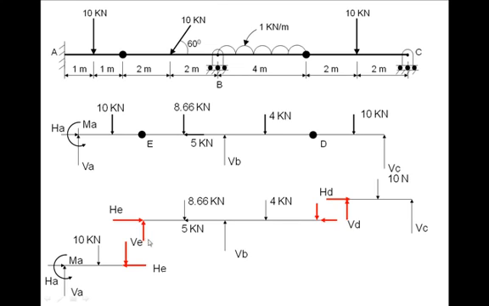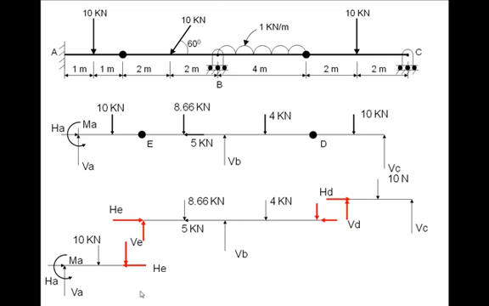And then knowing this HE, VE, we put them here, and we apply equilibrium equations to this last beam. We'll be able to work out HA, VA, MA. So the principle is, a combined beam you separate out into component beams and individually solve it. That's the way you should do it.